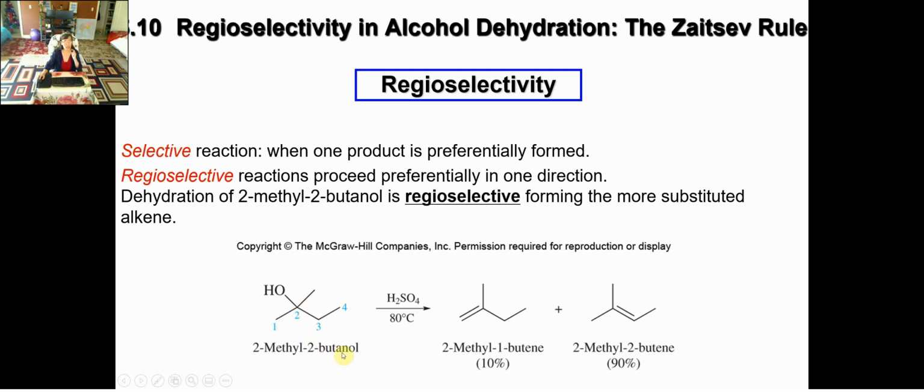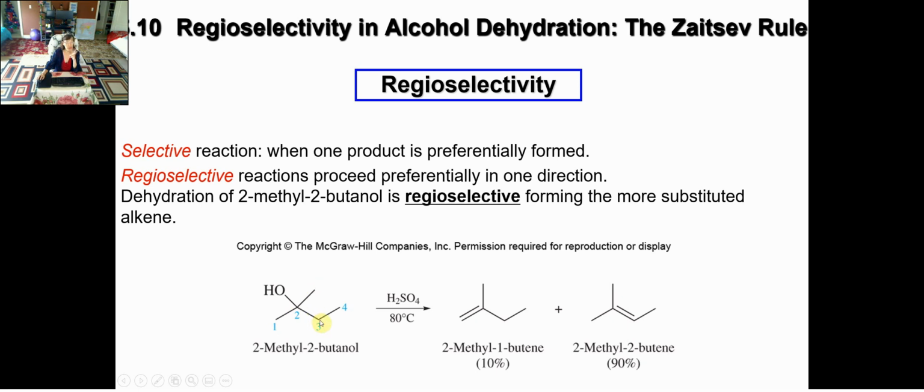Let's count the carbon. So this carbon number 2, I consider this my alpha carbon. So you have this alpha carbon. Here is 1 carbon. You can call it beta carbon. This number 3 carbon, you can call it beta. This number 1 carbon and this methyl carbon, they are identical.